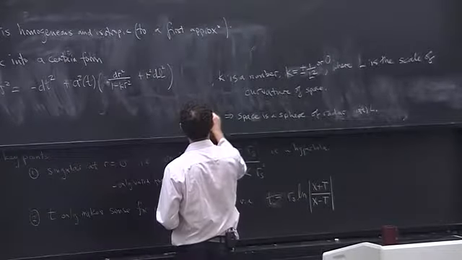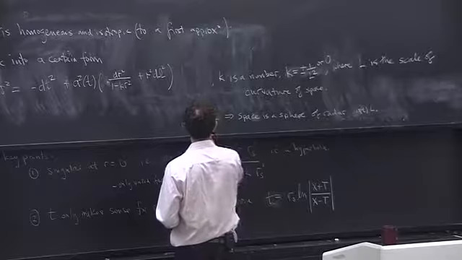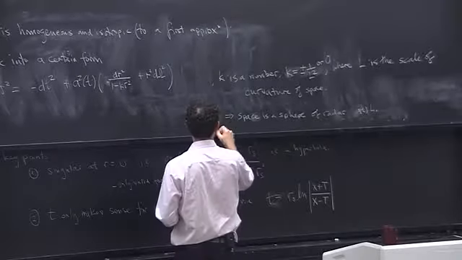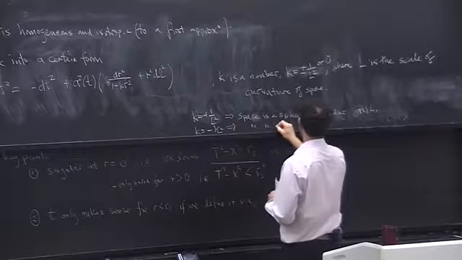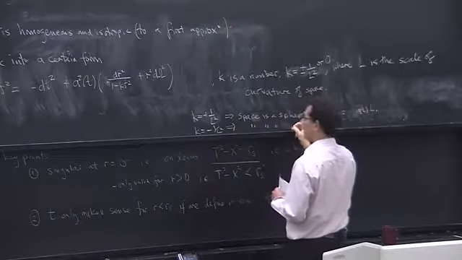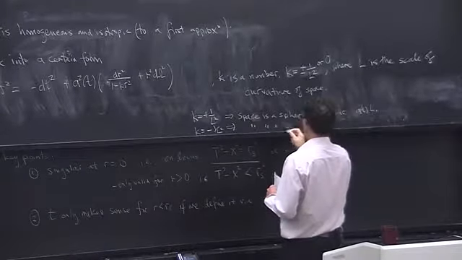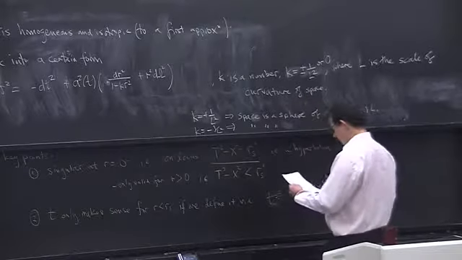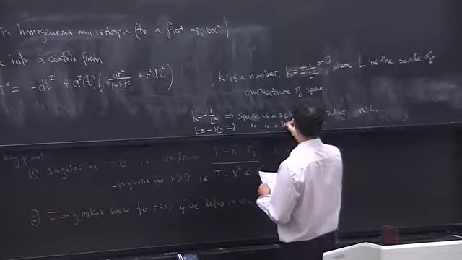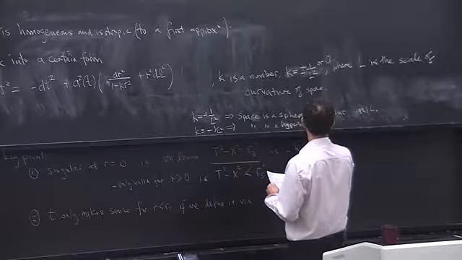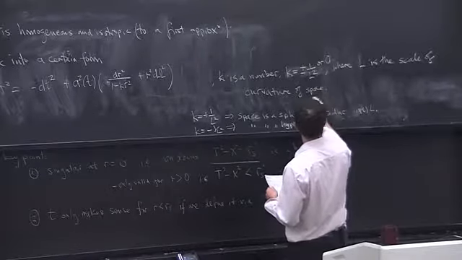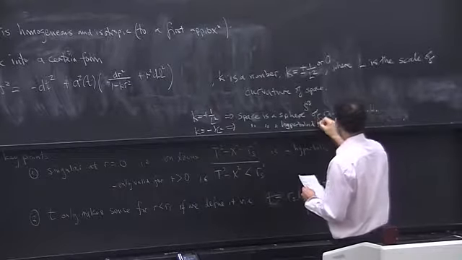If k equals plus 1 over L squared, space is a sphere. If k is minus 1 over L squared, then space is a hyperboloid. The sphere is S3, the hyperboloid is H3.